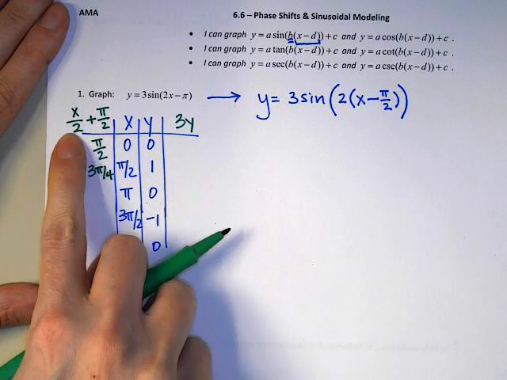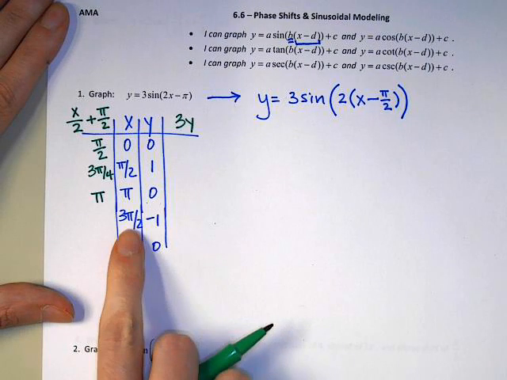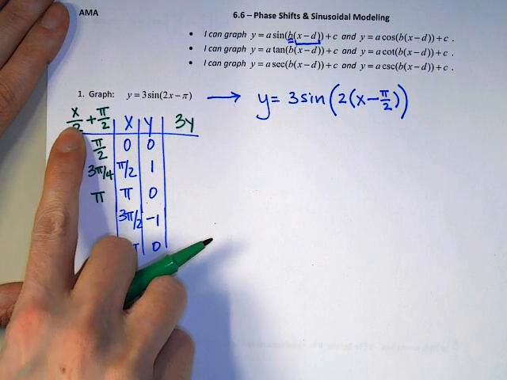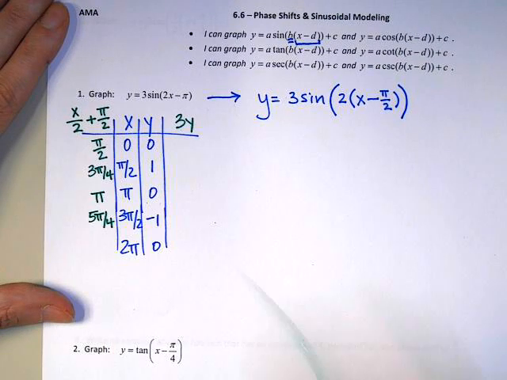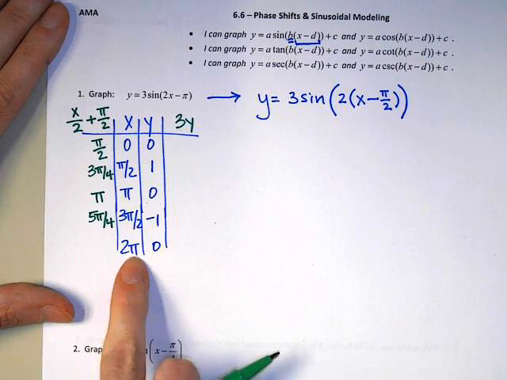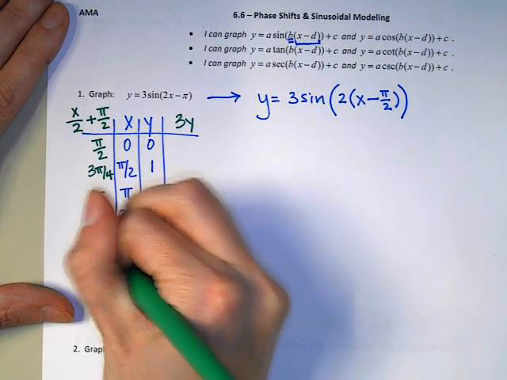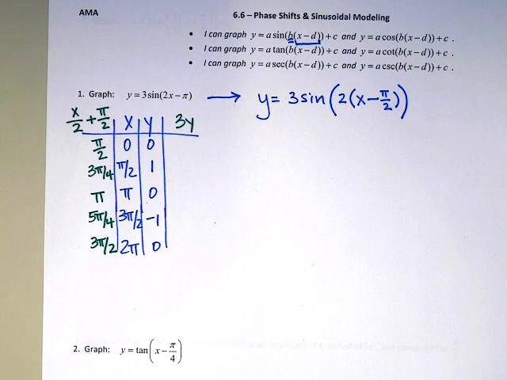Pi over 2 plus pi over 2 is pi. 3 pi over 2 divided by 2 is 3 pi over 4. Plus pi over 2 is 5 pi over 4. And 2 pi over 2 is pi. Plus pi over 2 is 3 pi over 2. Okay, so some of that algebra can get a little tough with common denominators, but you can work that out.